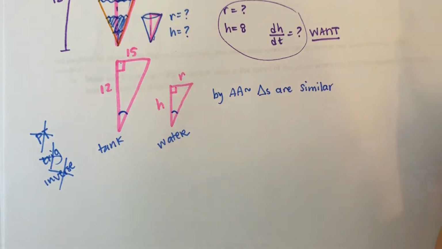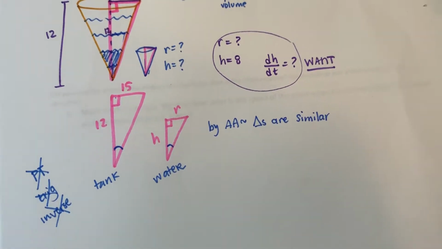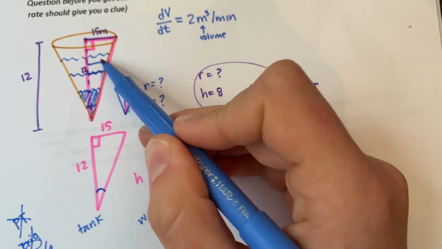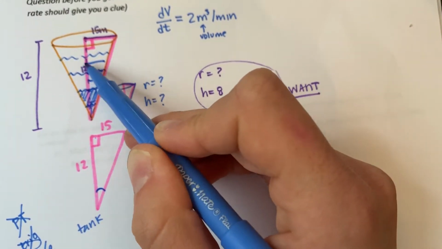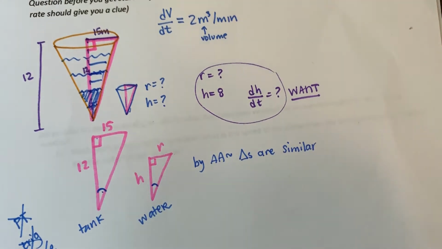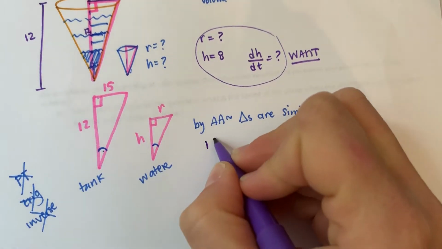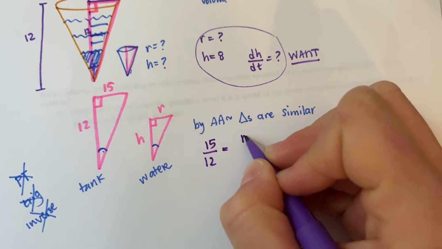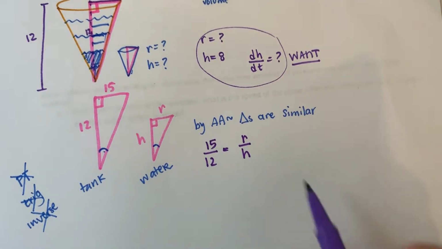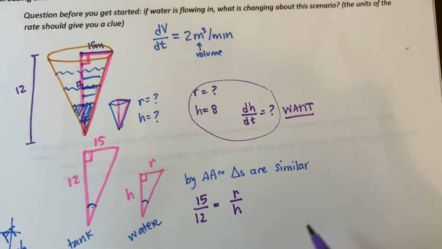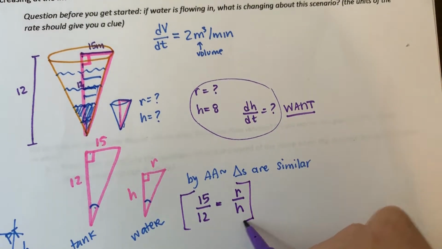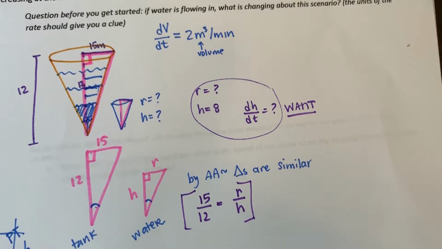What I meant to say is that all of the right triangles in this cone that will be formed by the different water levels will all be similar because of this angle similarity theorem. Since they are similar right triangles, we know that the corresponding sides are proportional, meaning radius over height is equal to radius over height. We're going to use this to help us in just a minute.